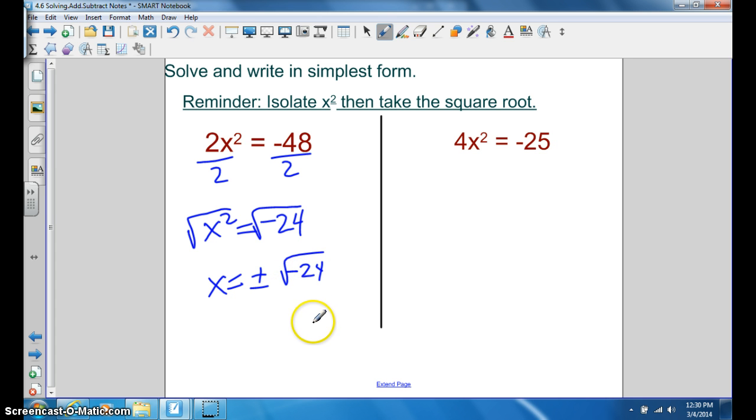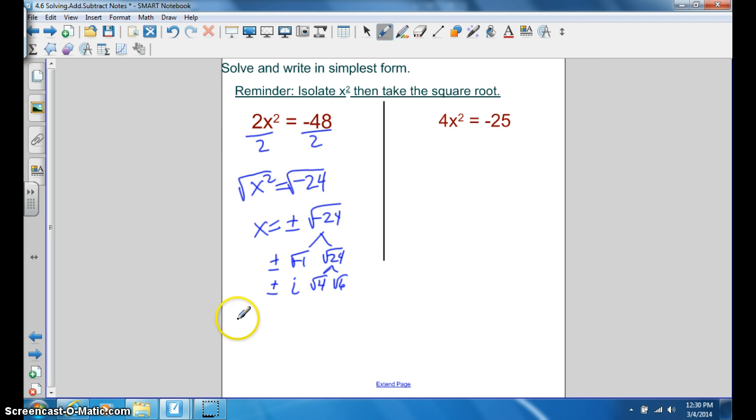Now we need to break down -24. That breaks down into the square root of -1 times the square root of 24, so we have i. 24 breaks down into the square root of 4 times the square root of 6. So our final answer is going to be x equals plus or minus 2i root 6.